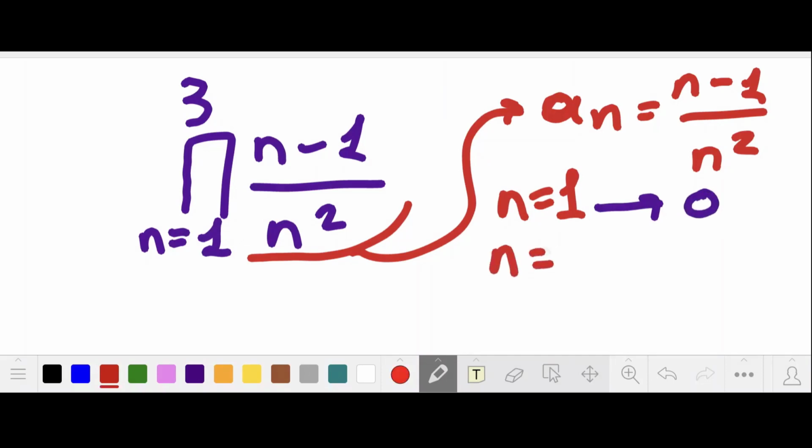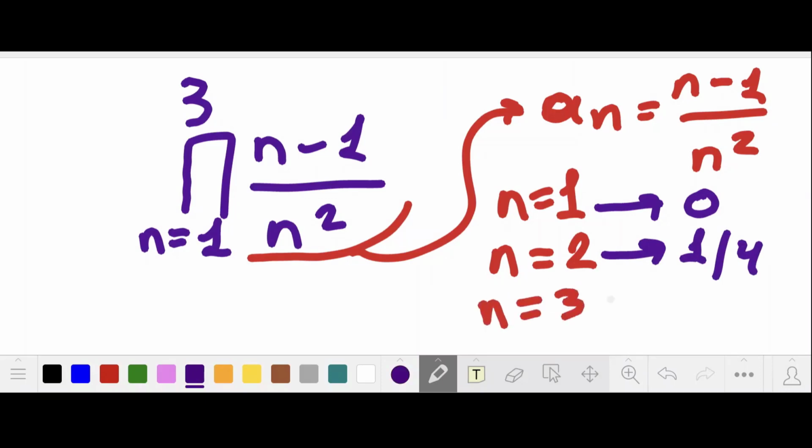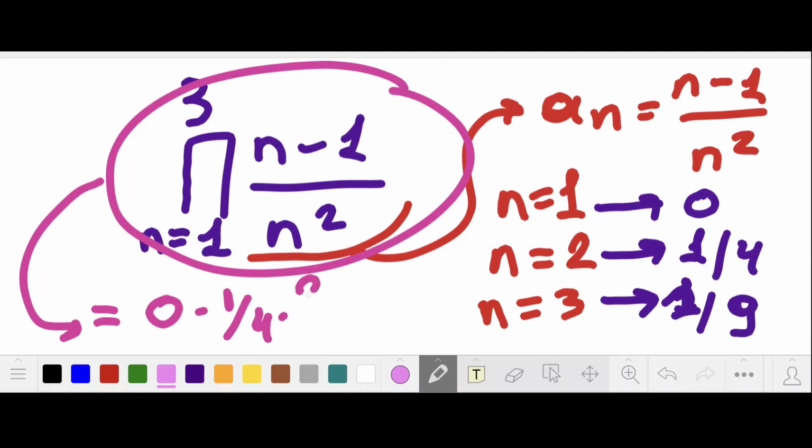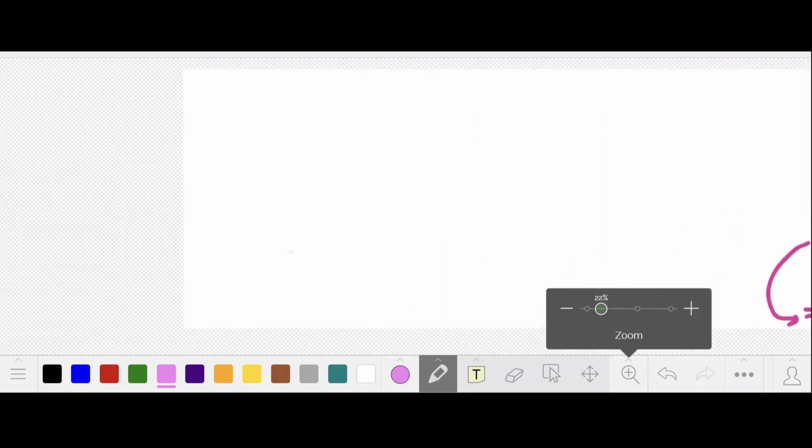For n equal to 2, we get 1 divided by 4. And to get the last term, we set n to be equal to 3, and we get 2 divided by 9. So our product is equal to 0 multiplied by 1 divided by 4 multiplied by 2 divided by 9, which is obviously 0.